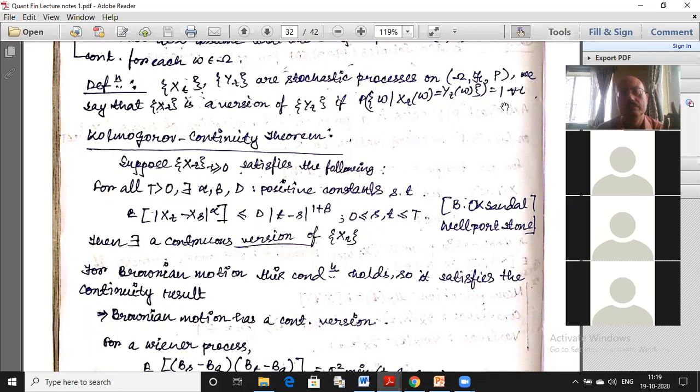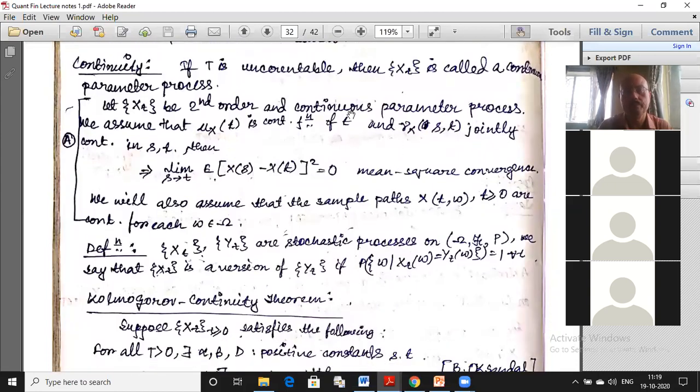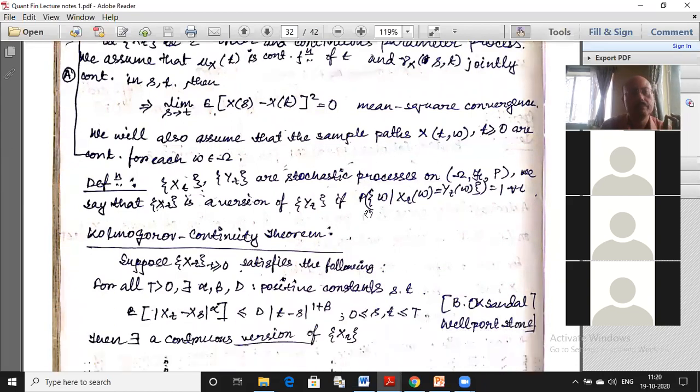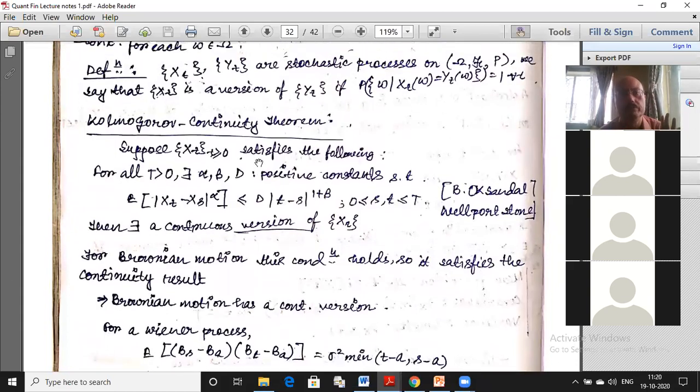Okay. So that's why I said that it's a bit of a nuanced point. We are actually interested in these continuity properties here. For a Brownian motion, I know that the first half, which is the function of t part, is true. We can show it by direct calculation. But the last part here, the second part, continuity of sample paths, requires a bit more work. And that work is based on this definition of a version and the Kolmogorov continuity theorem.